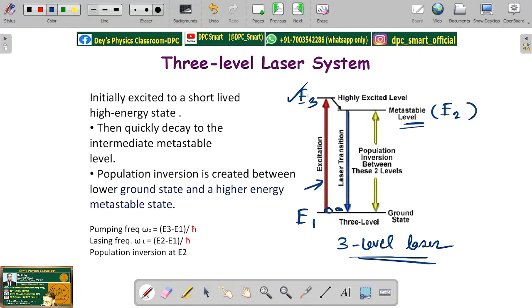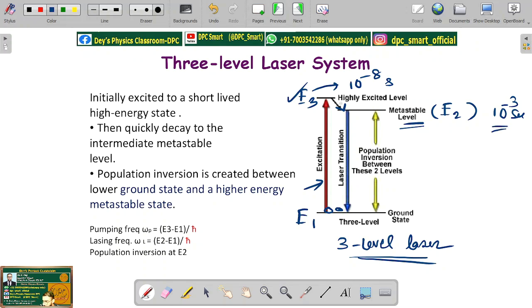So from E3 the atoms will decay to the intermediate metastable state E2. E3 has a lifetime of 10 to the power minus 8 second, and E2, the metastable state, has a lifetime of 10 to the power minus 3 second.